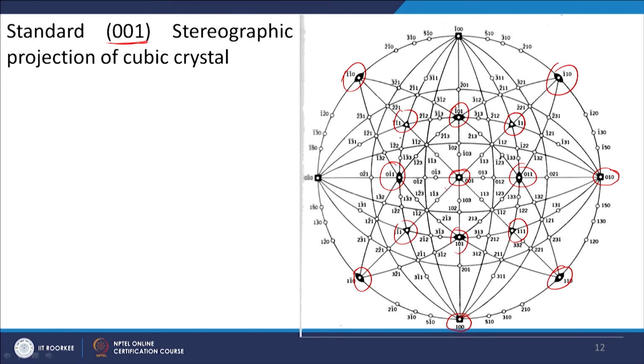In the next lecture I will show you how I can use the Wulff net and this stereographic projection to draw a standard stereographic projection of a particular orientation of the unit cell. Once we understand that, it will help us in creating a pole figure for a particular orientation of the unit cell.